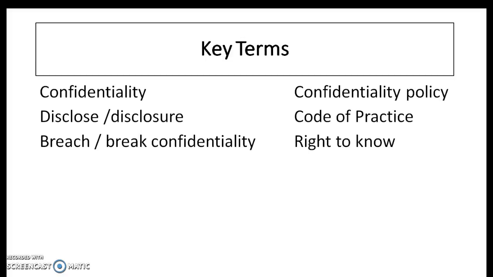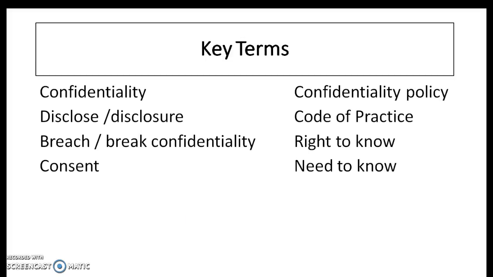There are occasions when you're allowed to do that, but in most circumstances, a breach in confidentiality is serious, and under the Code of Practice and Confidentiality Policy at work, an employee could be disciplined, possibly even lose their job. You can pass information on to those people who have a right to know because they need to know that information in order to carry out their job, and without passing on that information, the service user couldn't get the care that they need.